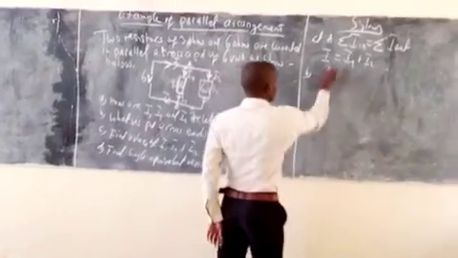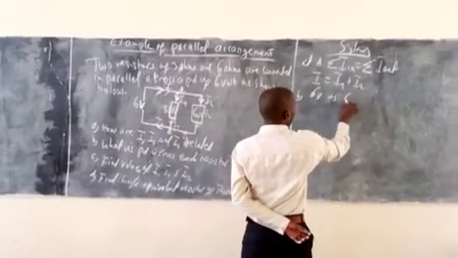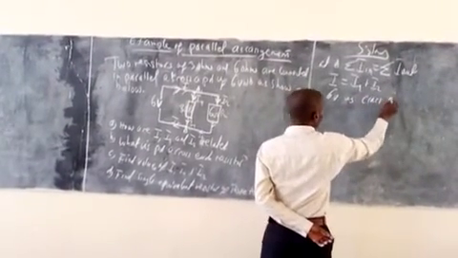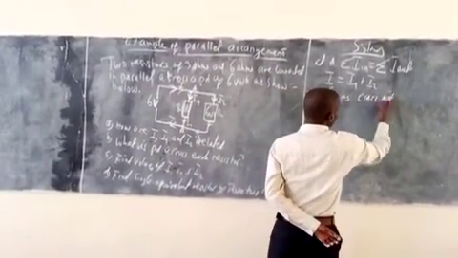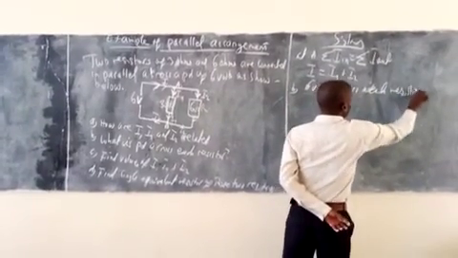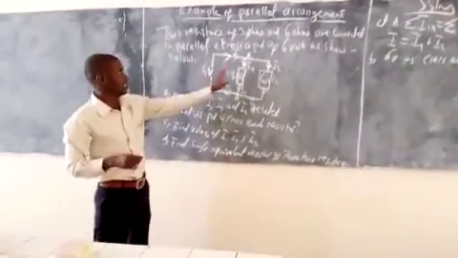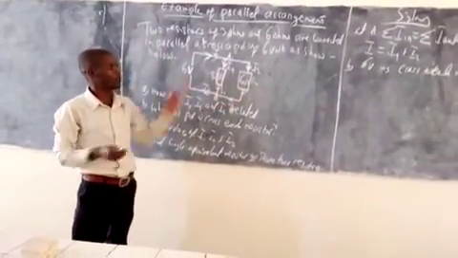It means 6 volts is across each resistor.